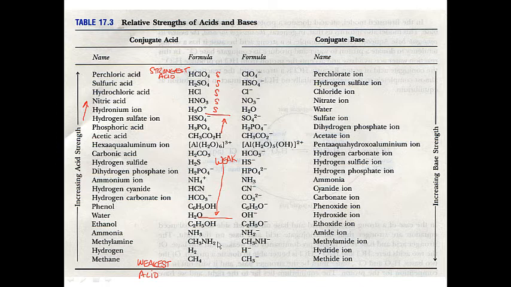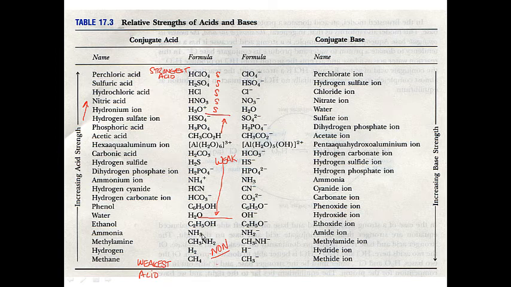Now what are these guys down here? Well, things like alcohol, ethanol, ammonia, H2, CH4, these things do not react with water, so these are going to be non-acids. So they don't react with water.